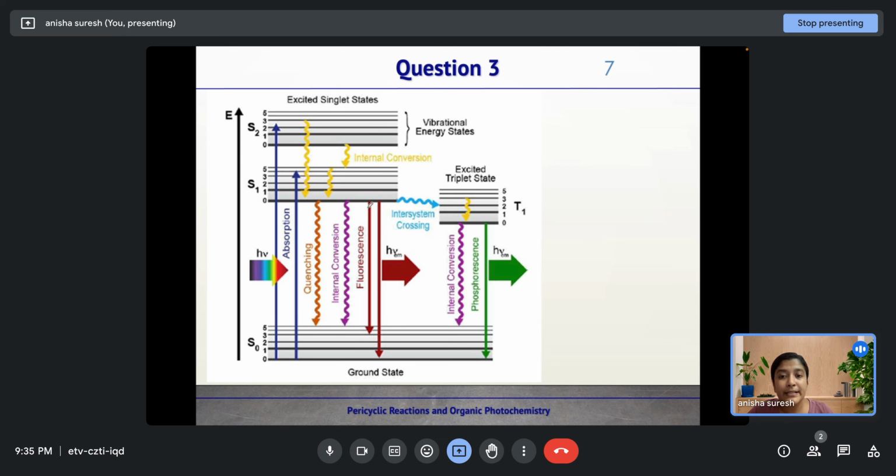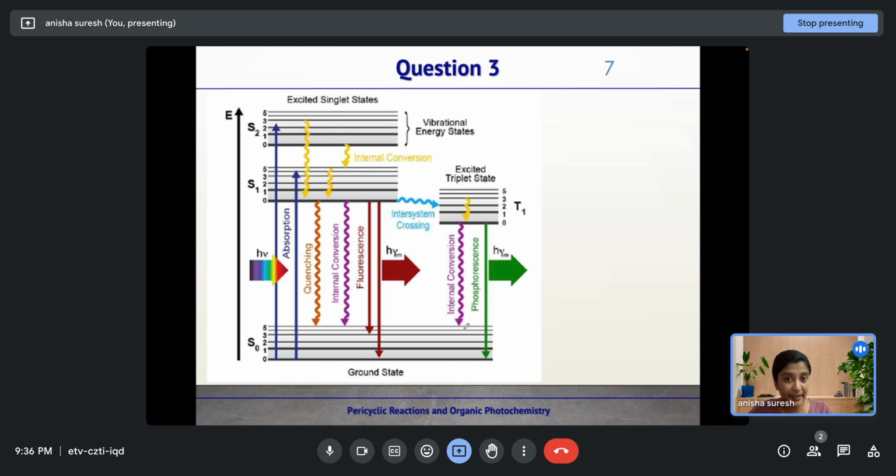When it comes from S1 to S0, or from T2 to T1, by means of a radiative pathway, it is known as fluorescence. And when it crosses from S1 to T1 by a non-radiative pathway, it is known as intersystem crossing. And when it comes from the excited triplet state to the ground singlet state, it is known as phosphorescence.